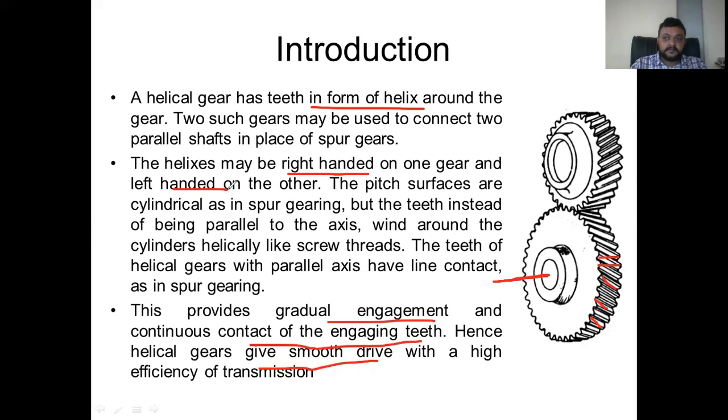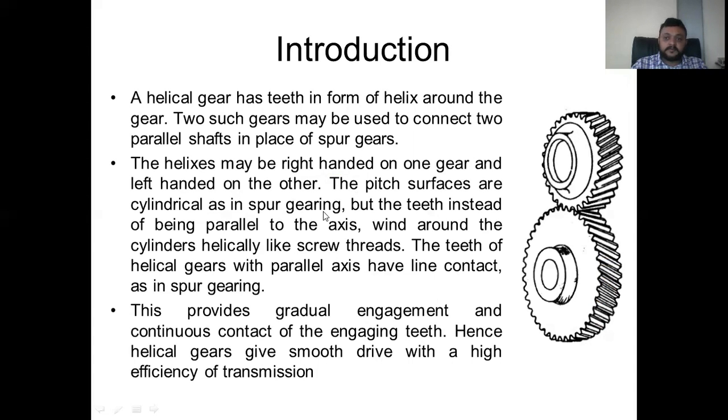The pitch surfaces are cylindrical as we considered in the spur gear, but the teeth are not parallel to the axis; they are helical, like screw threads. That is the main constructional change in comparison to the spur gear.